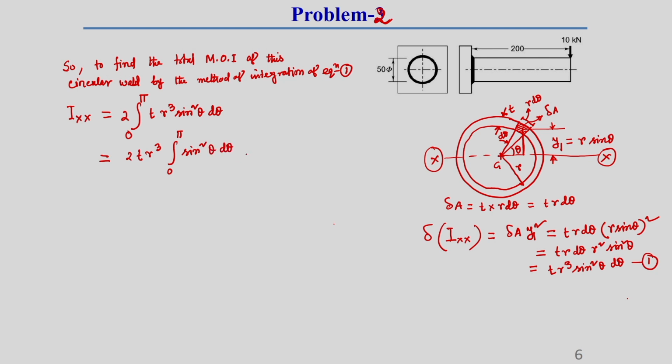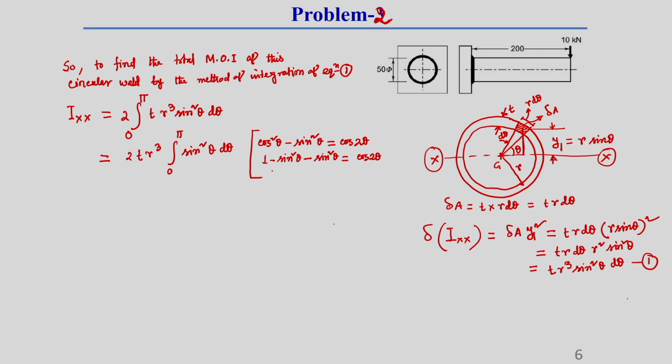Now, to do the integration of sin square theta d theta, we will use some common techniques. We know cos square theta minus sin square theta equals cos 2 theta. This is very well known to you. So, we can say 1 minus sin square theta minus sin square theta equals cos 2 theta, correct.